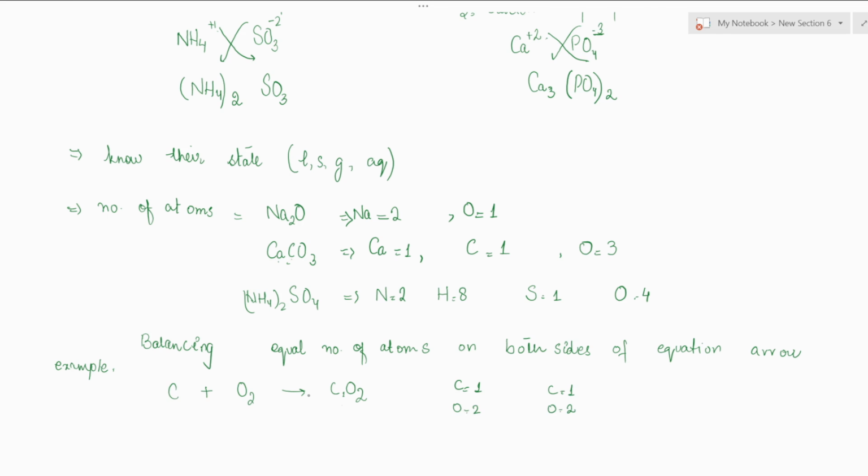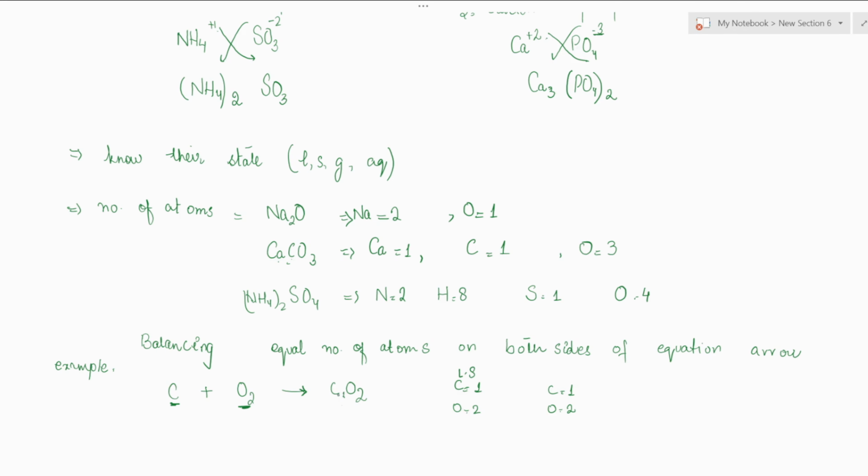Both sides means the left side of the arrow and the right side of the arrow. Let's move to the left side. On the left side, we have one carbon and two oxygen that we have written over here. Now let's move to the right side because the chemical reaction has occurred and a new substance is formed, that is carbon dioxide.